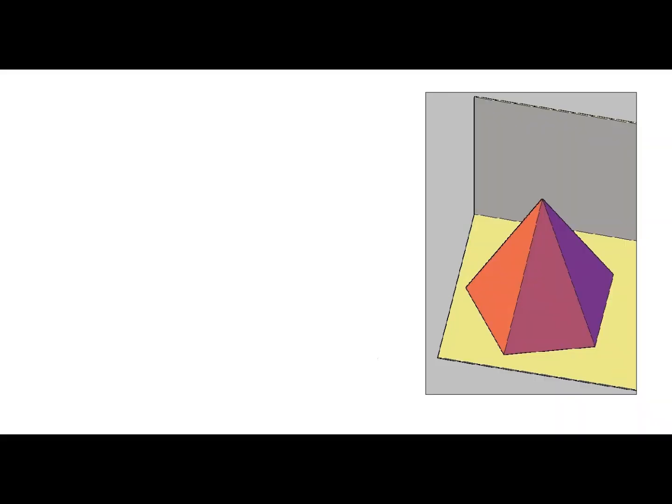After drawing XY line, draw a pentagon of 35 mm side below the XY line as the plan of the pyramid. While drawing the pentagon, one edge should be drawn perpendicular to the XY line.